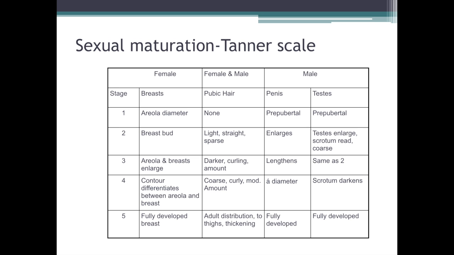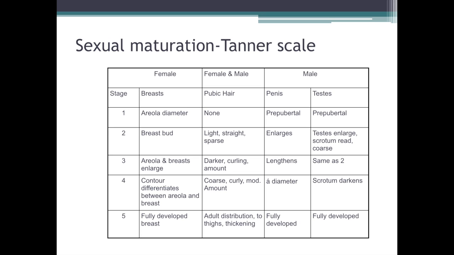So last but not least is the sexual maturation assessment, and we use the Tanner scale. And so you do need to know that this is available and that we assess this. There are going to be children who have what we call precocious puberty. They go into puberty when they're 5 or 6 years old.